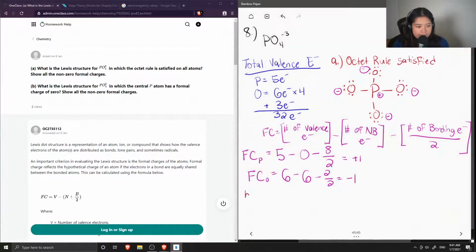And for part B, in which the central phosphorus atom has a formal charge of 0. So in order for the phosphorus to have a formal charge of 0, I'm going to form a double bond with one of the oxygens.